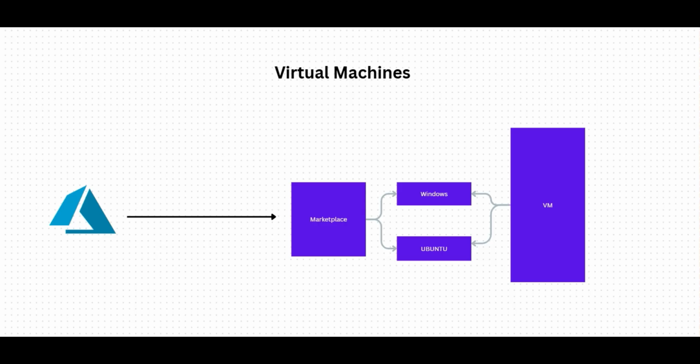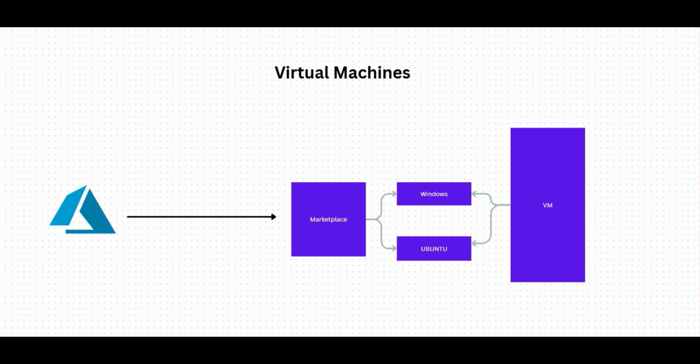So now it's time for the most exciting part, that is the demonstration. Let's head over to the Azure portal and create our first virtual machine step by step. We'll create a virtual machine on Azure. Once it is ready, we will SSH into the virtual machine and set it up.